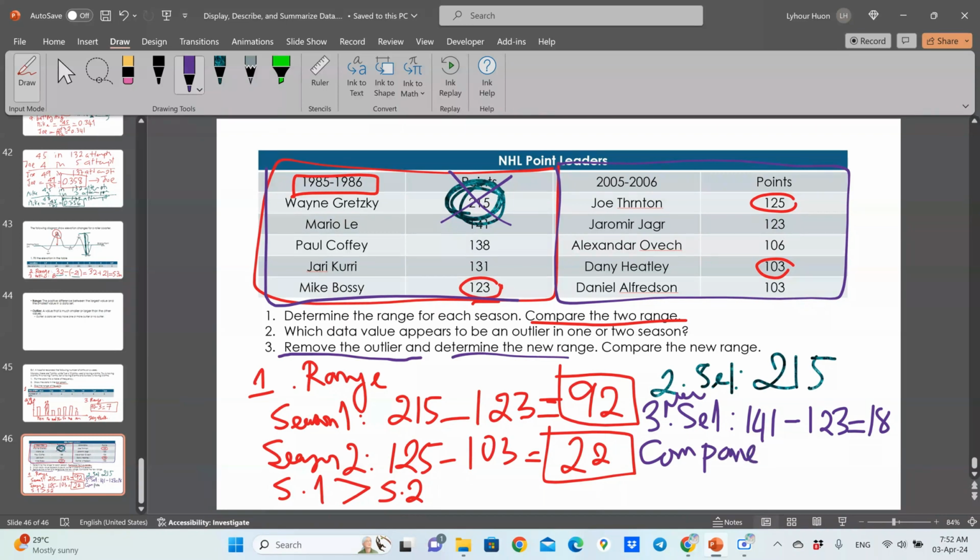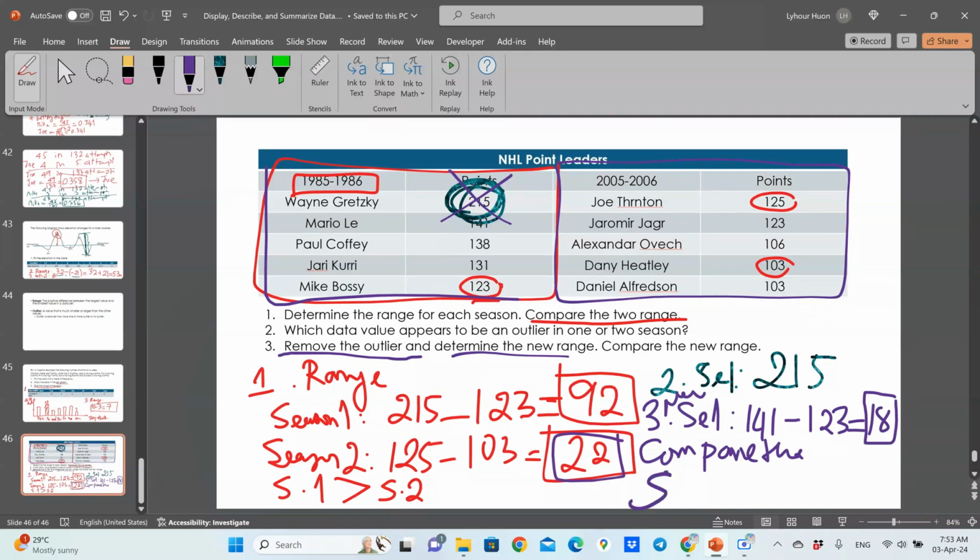Compare the new range. So the new range, we compare this value with this value. When we remove the outlier, season two is greater than season one. Okay. So that seems not very hard.